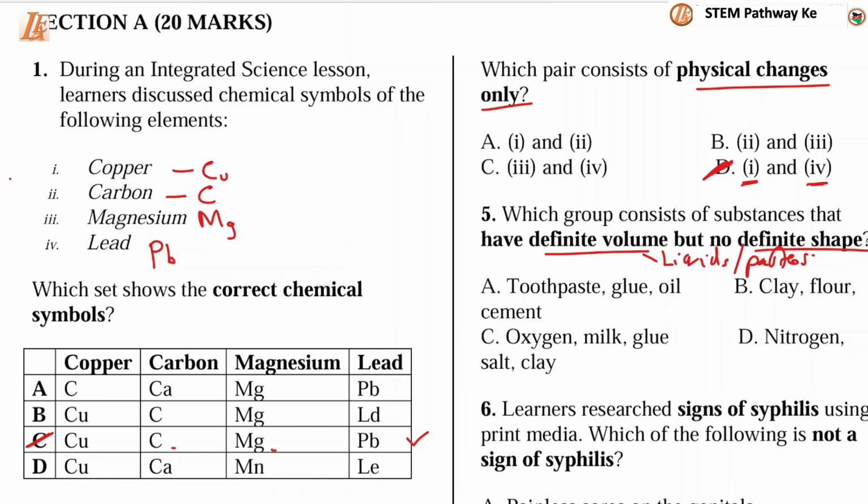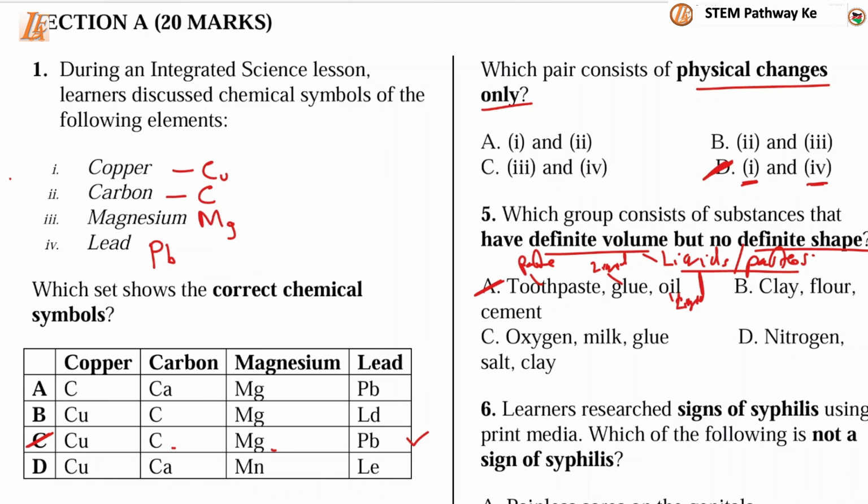Therefore, we are going to look at a set which has only liquids or pastes. Toothpaste is a paste. Glue is a liquid. Oil is also a liquid. So the first one consists only of substances which have definite volume but no definite shape. So this is the correct answer.